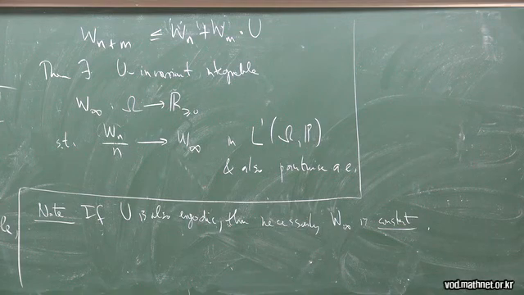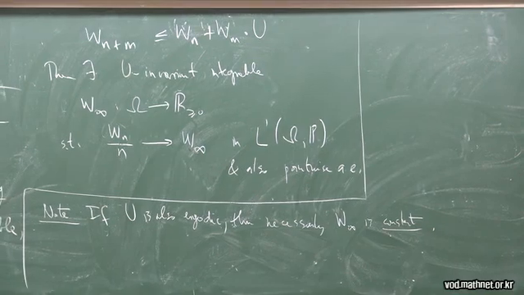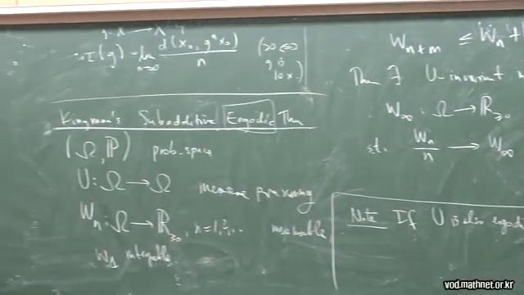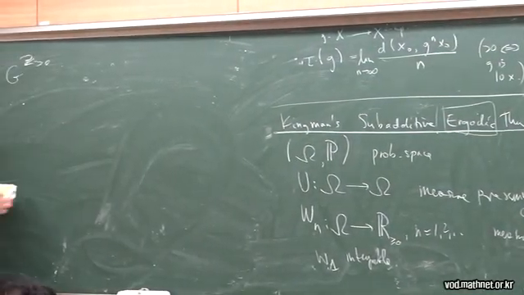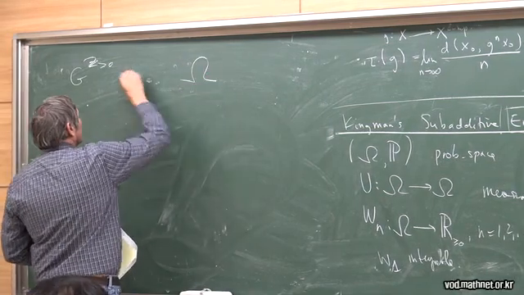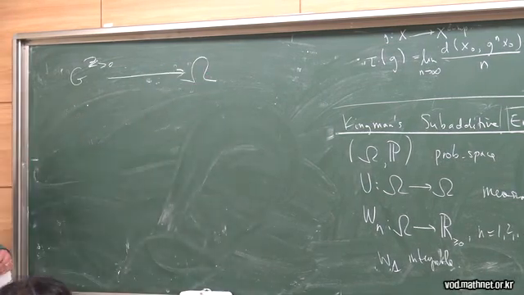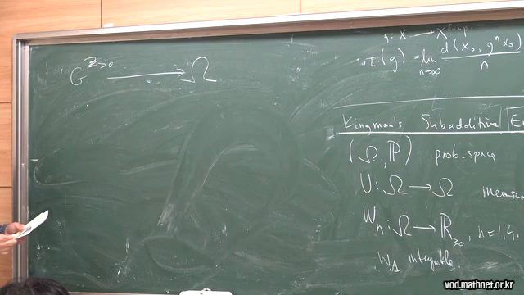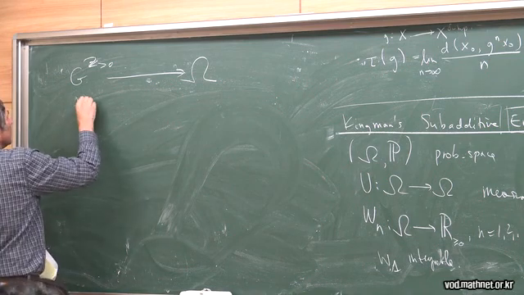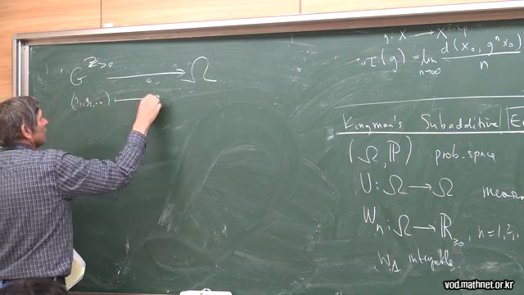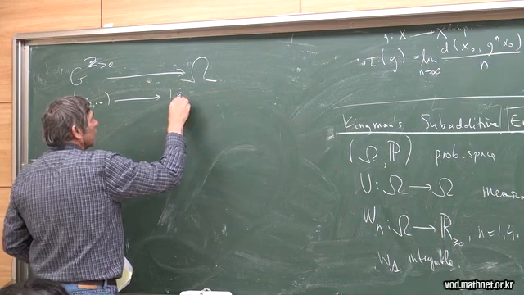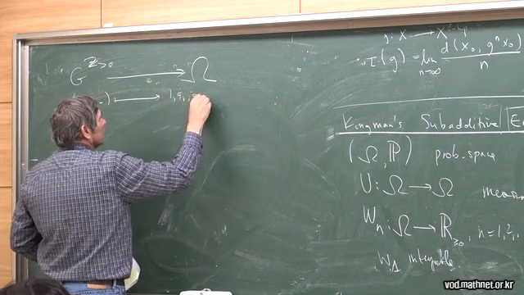Okay, so let me draw this big diagram. Let's see, where did I put it? Here. Okay, so here's the diagram. So this is the product space, and then we have this omega, and we have our function that I already described, right? That's the function that sends g1, g2 to 1, g1, g1, g2, and so on.